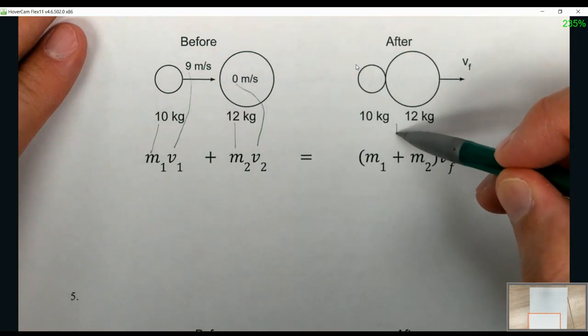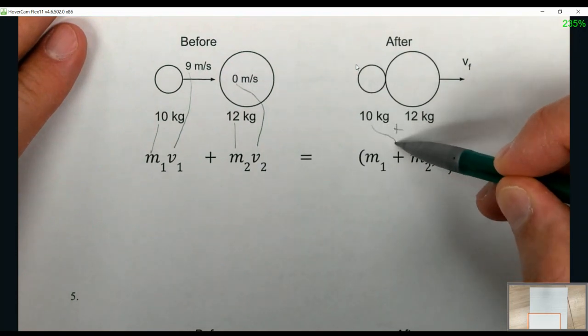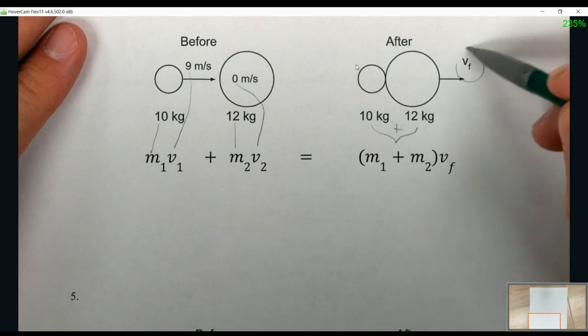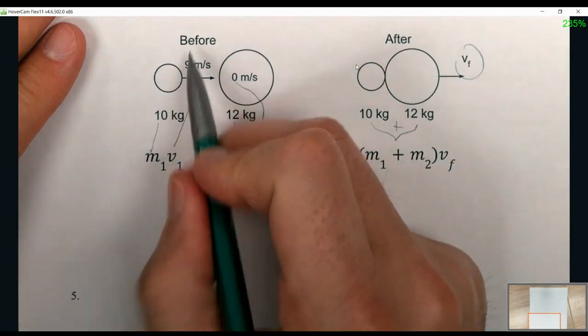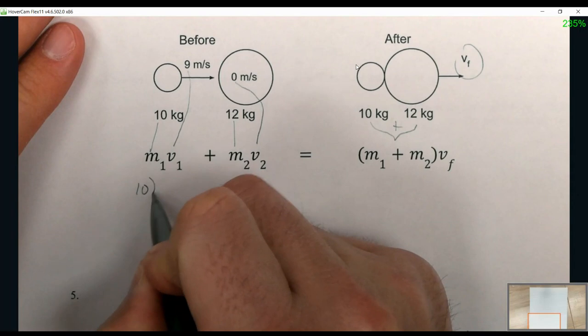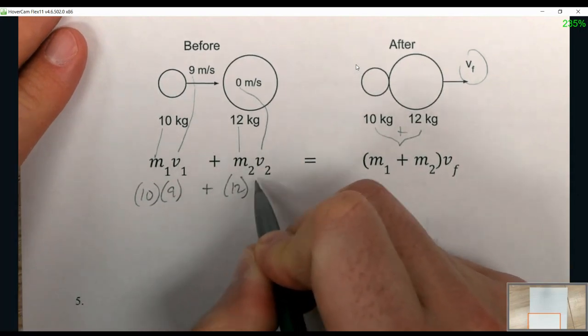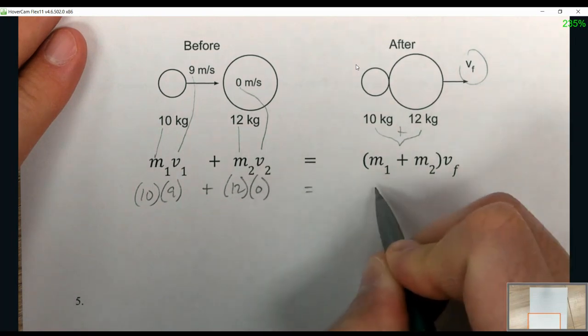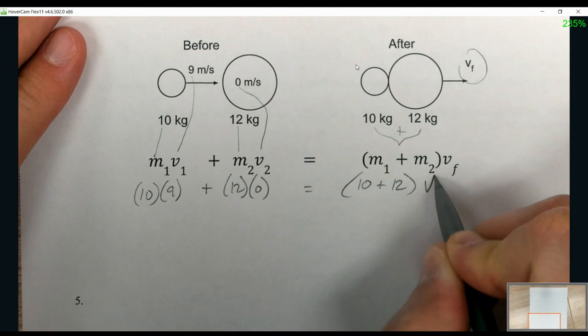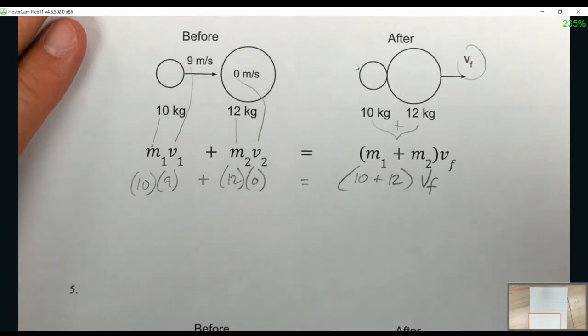These two masses added together, and then we're looking for VF. So take everything and write them out underneath. You have 10 times 9, bring down the plus sign. 12 times 0, because it's not moving, bring down 10 plus 12 times VF.